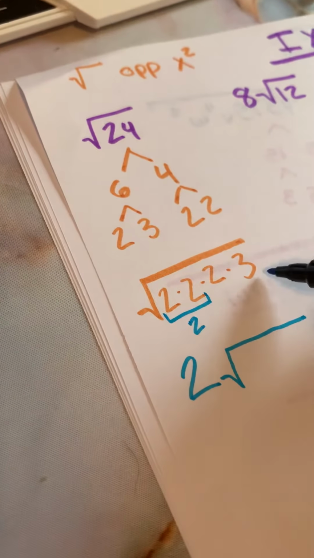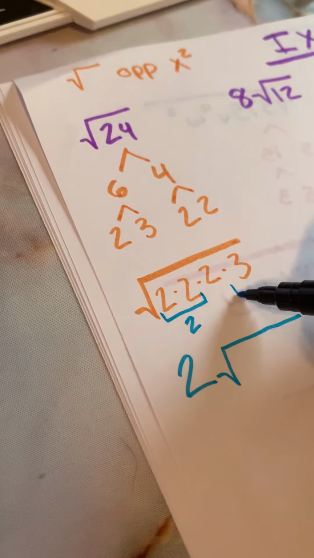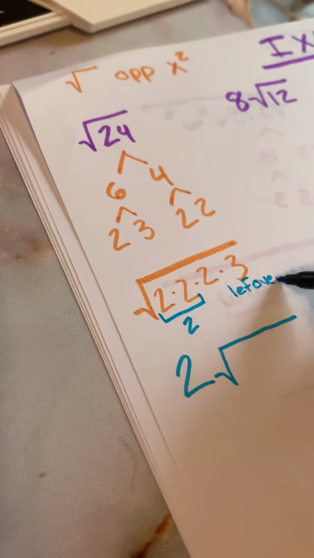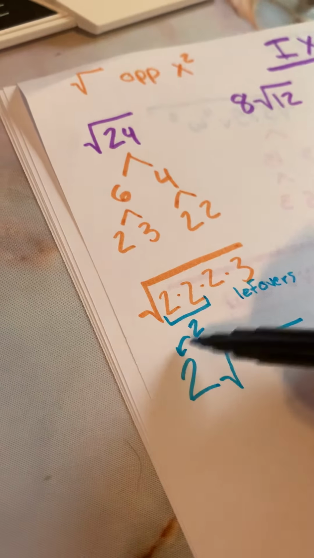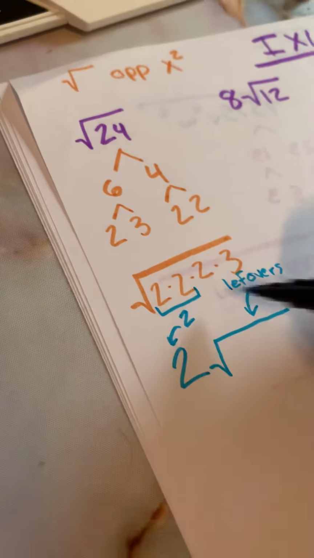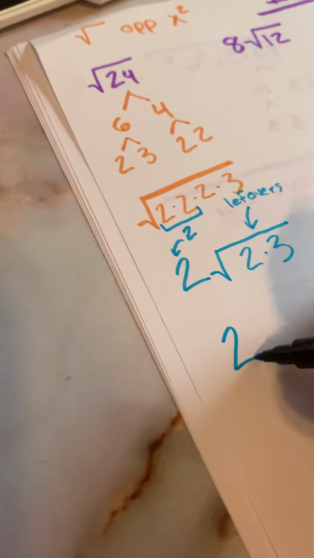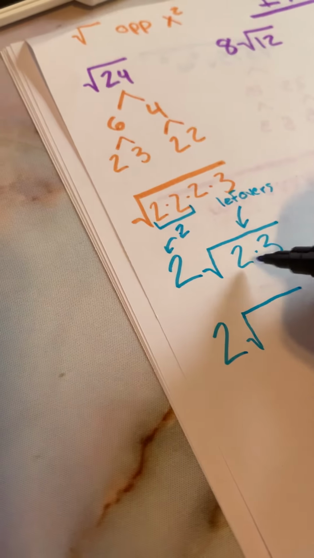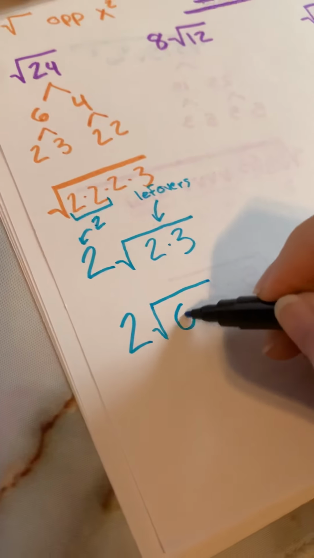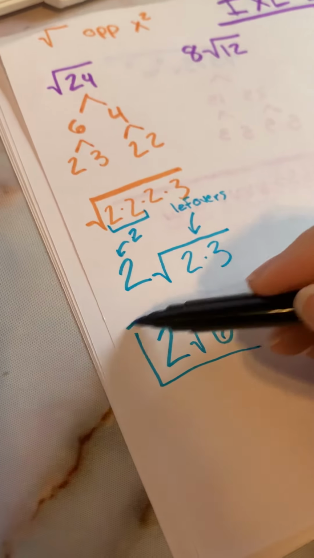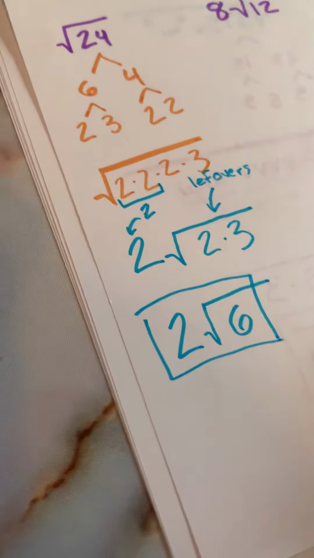Whatever is not paired up, we call leftovers, and leftovers go inside the square root. If it's a pair, it goes on the outside. If it's leftover, it goes on the inside. Then you simplify anything that's left. Here I need to do 2 times 3, which is 6, so my answer would be 2 square root of 6.